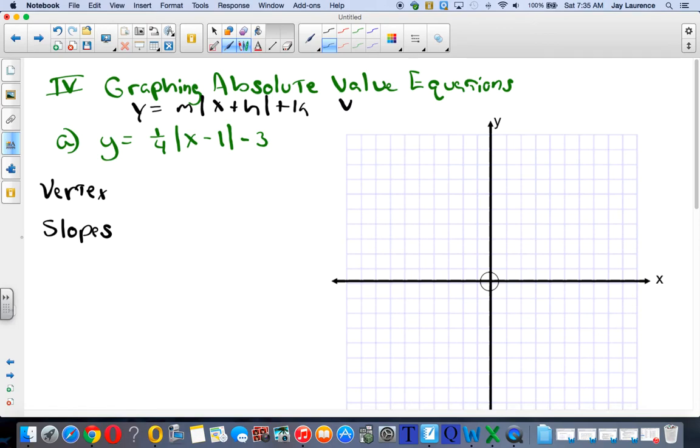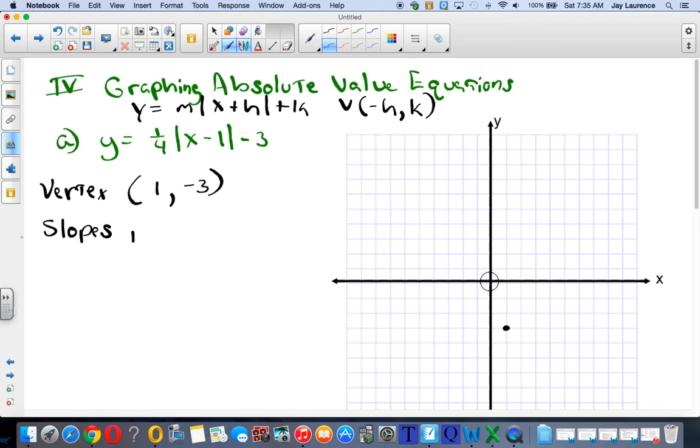And the vertex is located at the negative of h, k. So in other words, the h coordinate has to change signs. So the vertex isn't going to be at -1, it's going to be at +1. And notice the k was positive here, it's positive there, so it stays the same. So my vertex is going to be at 1, -3, 1, 2, 3, right there.